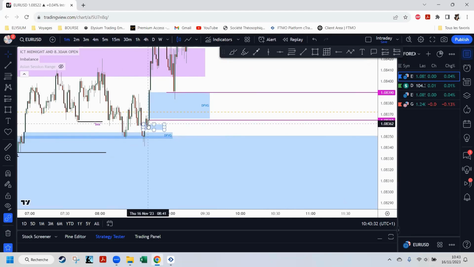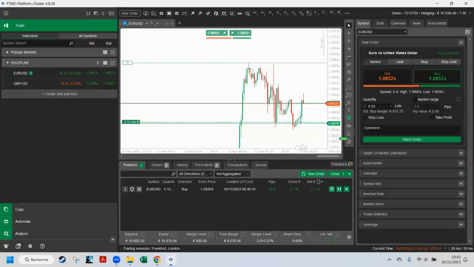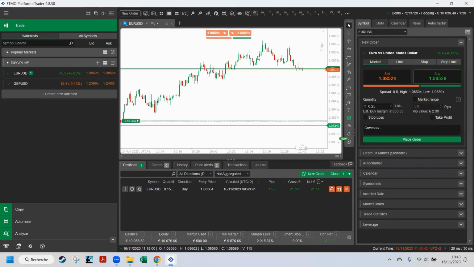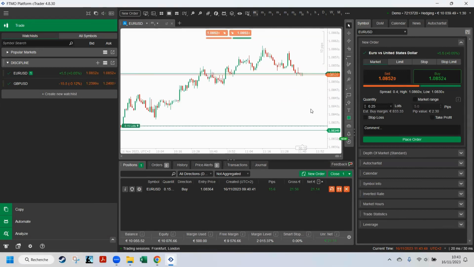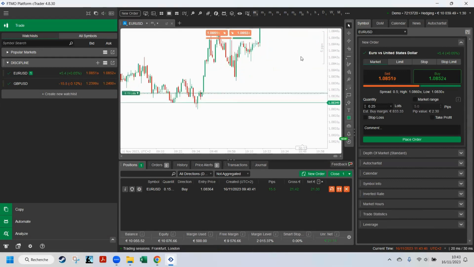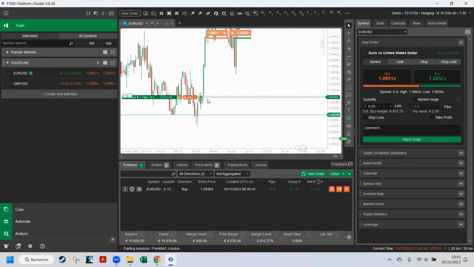So I entered right from there, but with the spread of 0.5, it took me there. I will show you. Okay, so now I already took partials. My entry, okay. So you can see I entered from there, spread took me there. No problem.